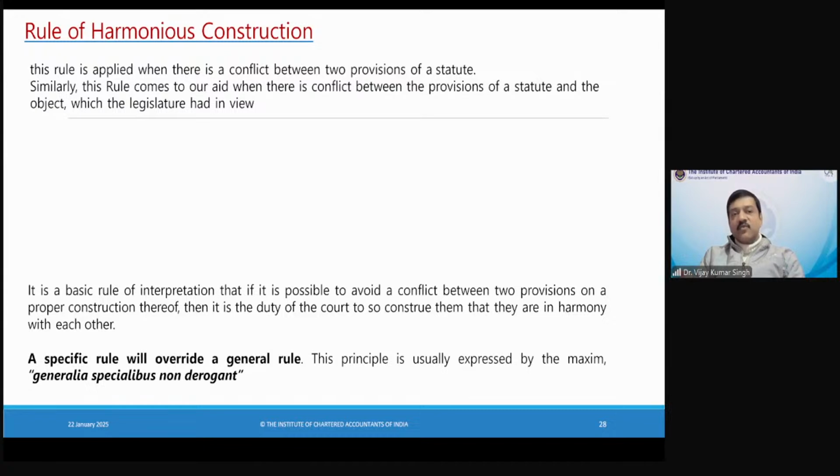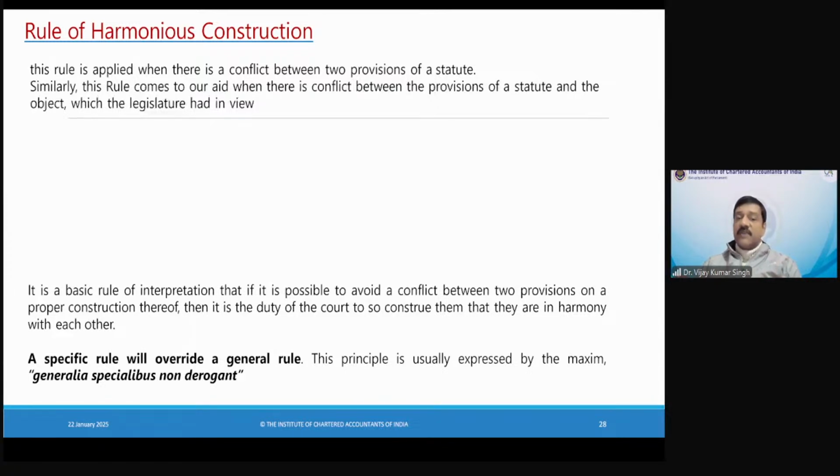There is another rule of construction called harmonious construction. Many a time there is a conflict between two provisions of a statute, or a conflict between a provision of the statute and the object of that particular legislation. When there is such a conflict, there is a requirement of harmonious construction.